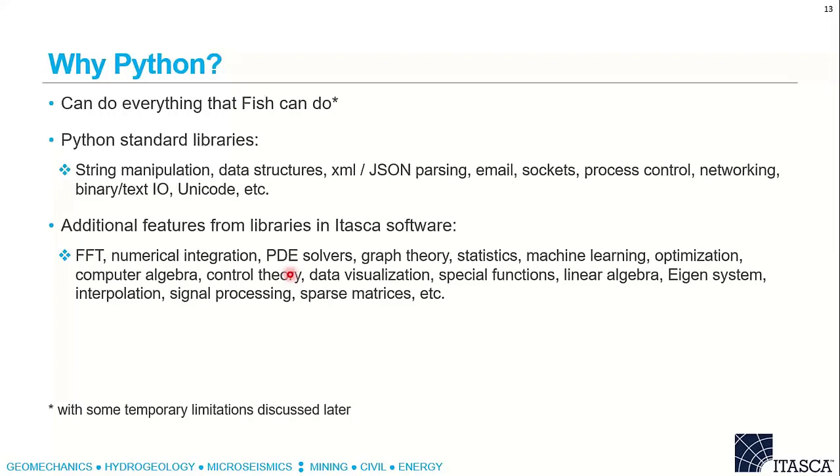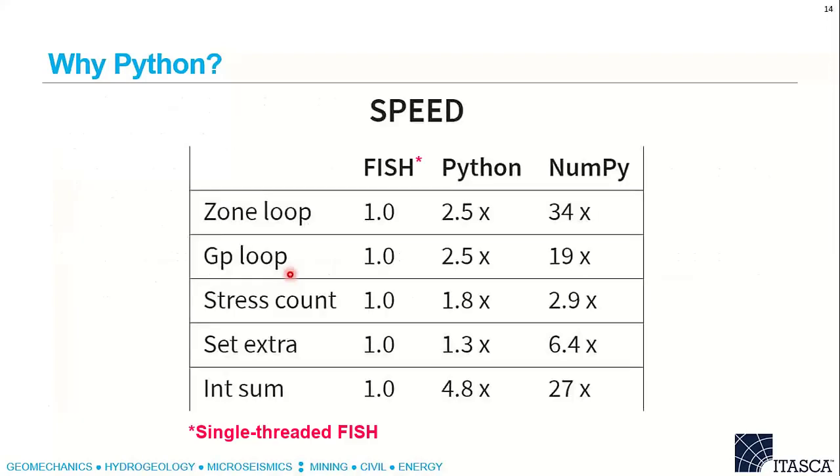However, the main reason why it's preferential to use Python instead of Fish is for speed. In terms of doing numerical computations or variations of your model, Python can be extremely faster than Fish. This table right here is just some standard times, which was created by Jason, measuring the times that it took to do some methodologies with Fish, then with basic Python bindings, and then via optimizing this with NumPy within Python.